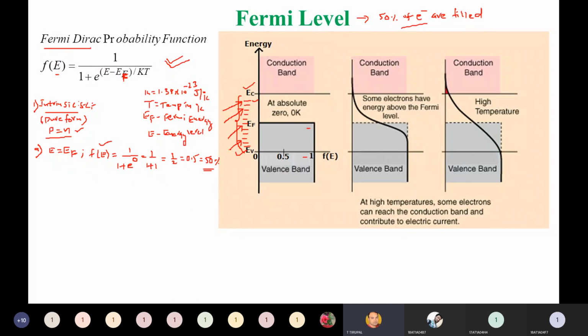So this is the center line where the electron is lying. This is called the Fermi level EF. So, a very important point: at energy E equal to EF, the probability of finding an electron is equal to 50%, right?